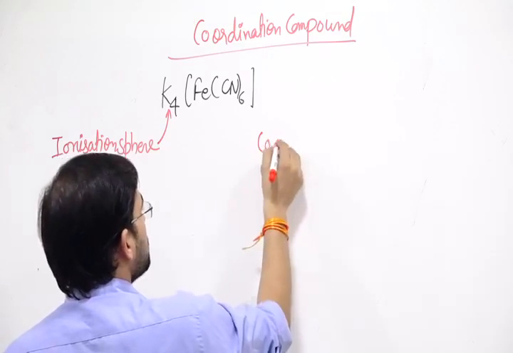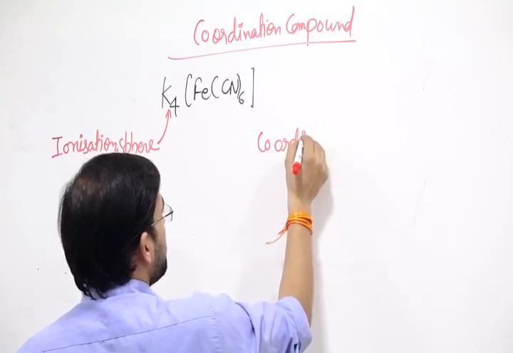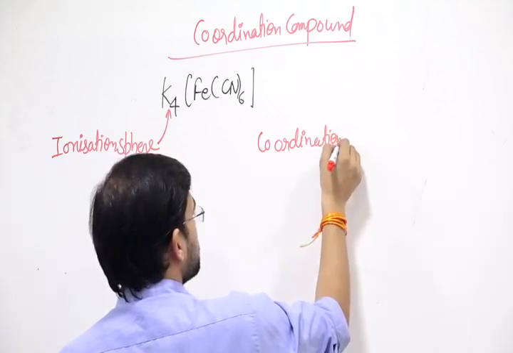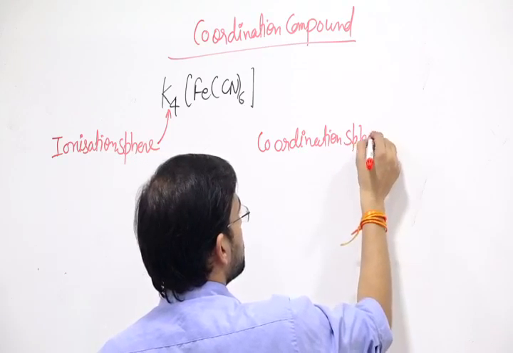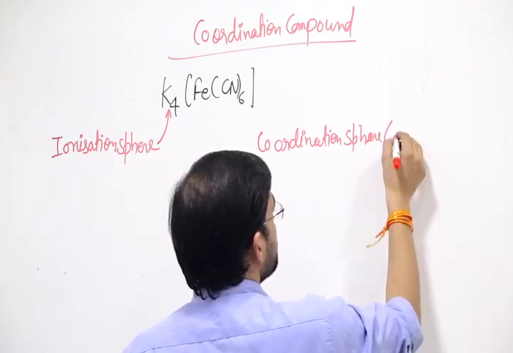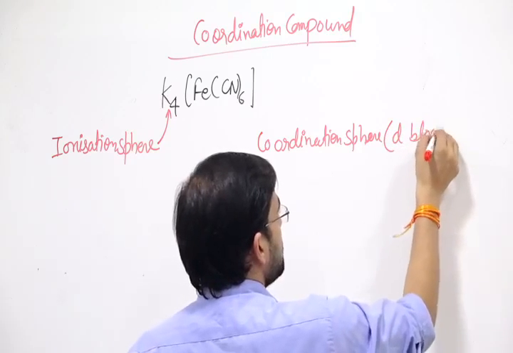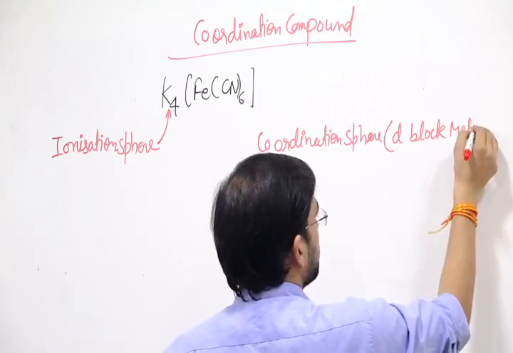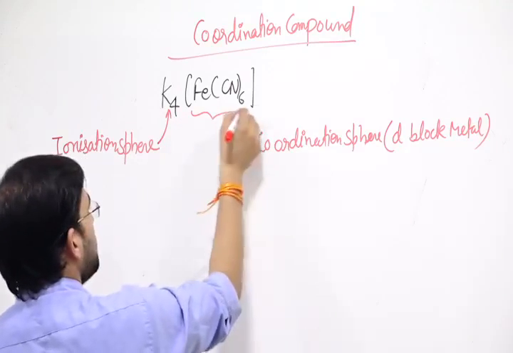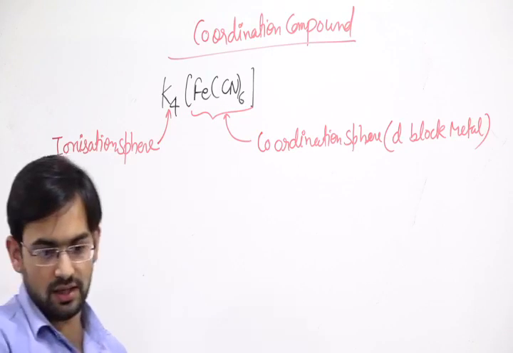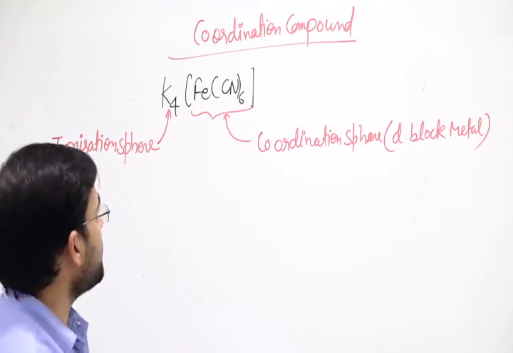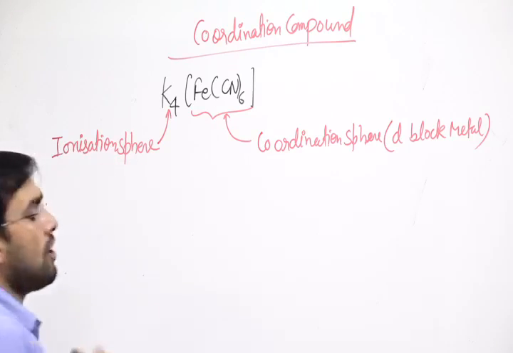Another one is known as the coordination sphere, which has the d-block metal. So this is the coordination sphere.